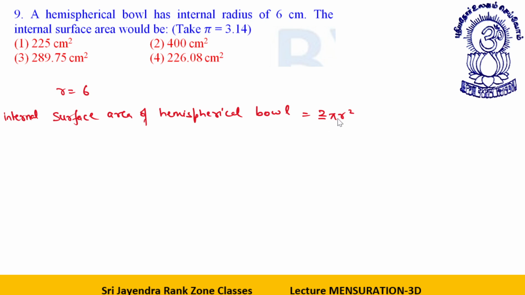Okay. This is 2 into 22 by 7 into 6 into 6. You have to take pi as 3.14.